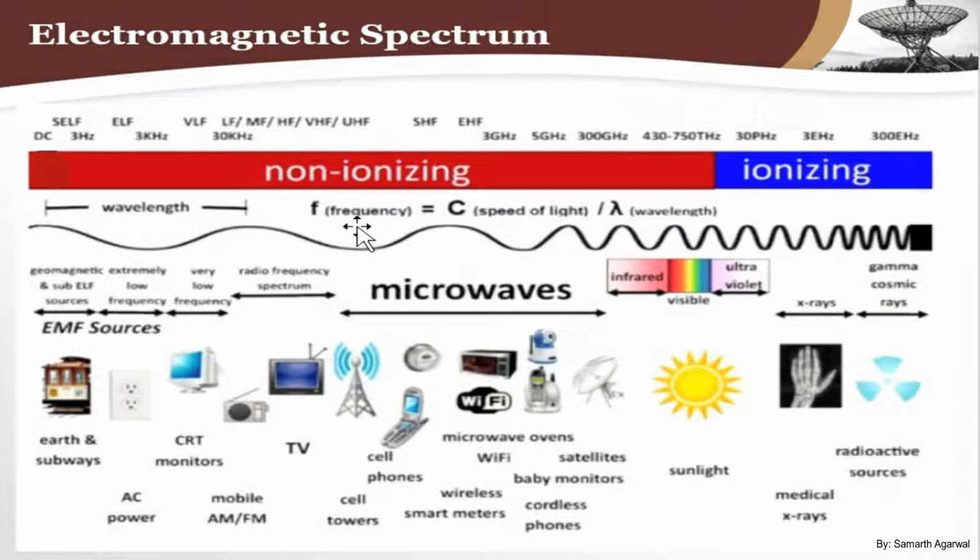Among these frequency ranges, CDMA, code division multiple access, operates at less than 1 gigahertz, and GSM mobile communication, which comes around 2G and 3G, uses the GSM 900 and GSM 1800 bands as well.